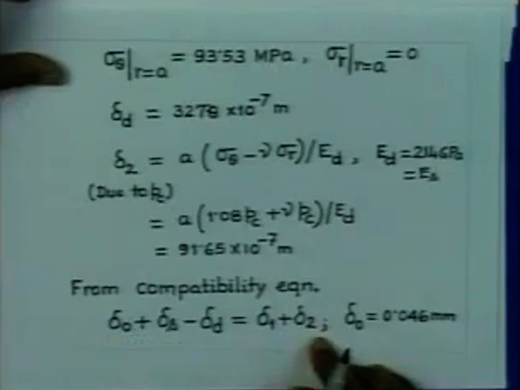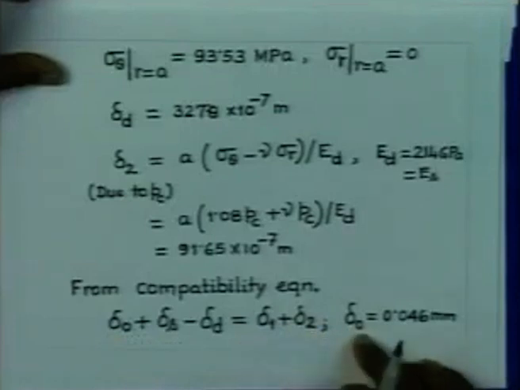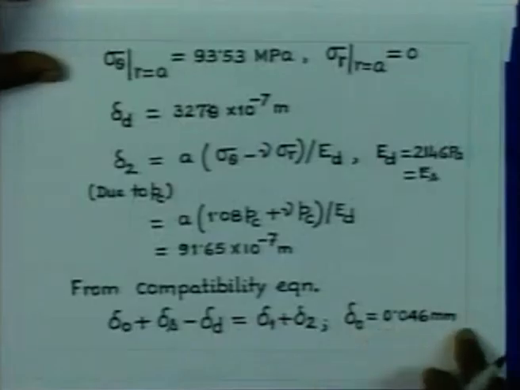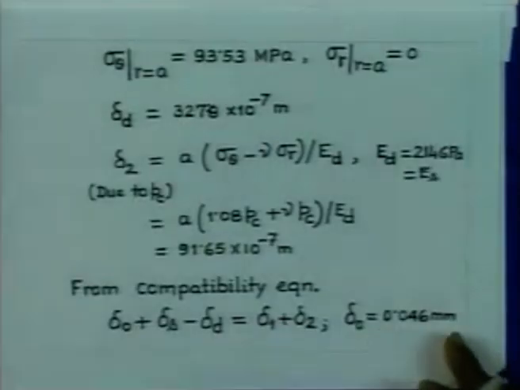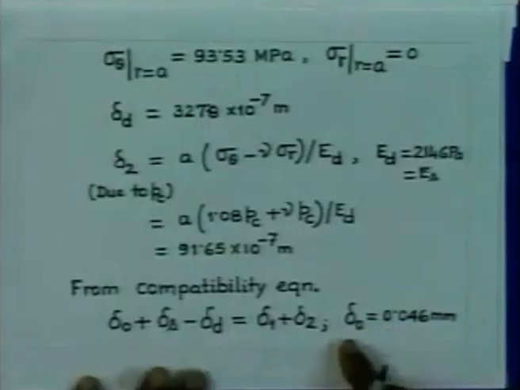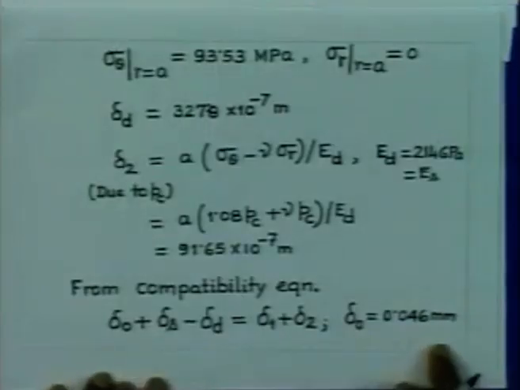So, once you substitute the value, you get delta 0 as 0.46 millimeter. So, that is the radial interference at no rotation, or even before assembly, that was the interference. So, this is how you have to solve these problems.